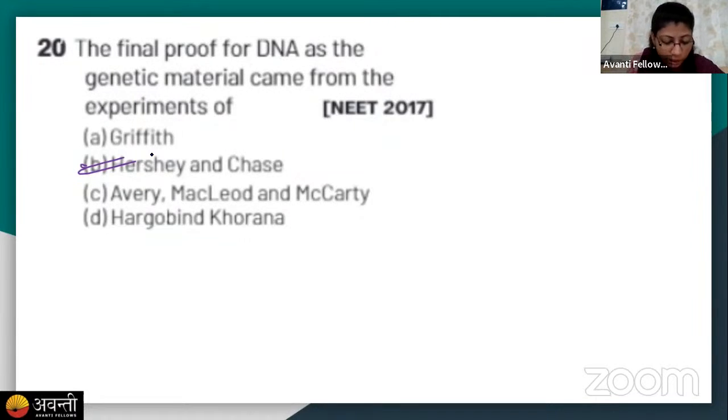They labeled the nucleic acid of the bacteriophage with radiolabeled phosphorus and the protein coat with radiolabeled sulfur. When they infected the bacteria with the bacteriophage, they saw only the radiolabeled phosphorus, that is the nucleic acid, enter inside the bacteria and cause the infection. So option B is correct.